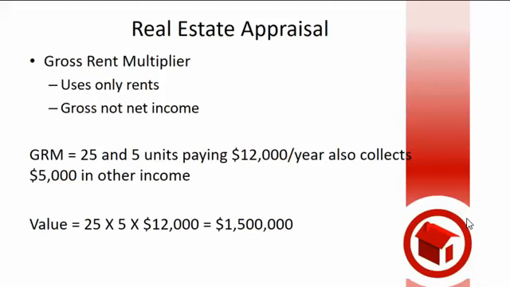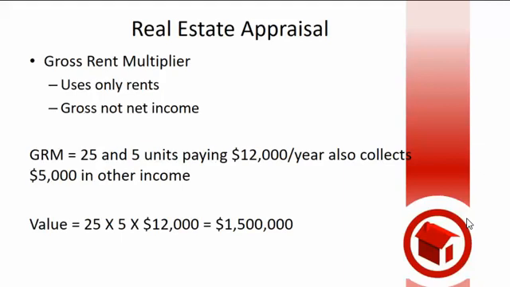If there are 5 units paying $12,000 a year in rent, but it also collects another $5,000 in other income, I don't care. It doesn't matter. I could add all the income up: pool passes, late fees, parking stickers, all that. Just add them up. All right? Because here's what I'm telling you.